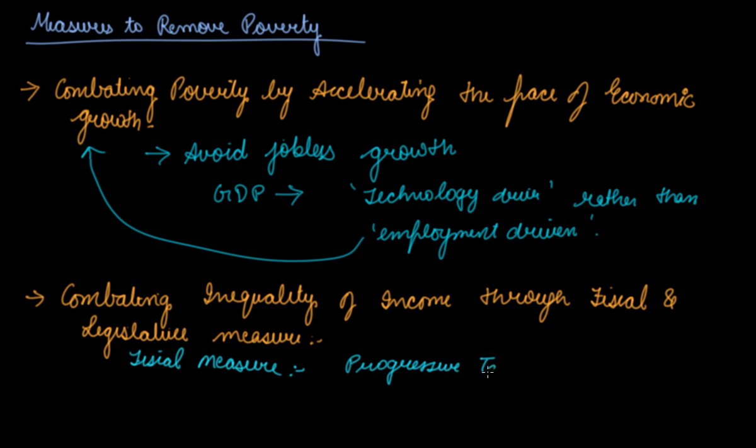tax, which means rich people should pay more tax, whereas poor people should be exempted from the tax paying. So, tax is the measure through which the government is trying to equalize the income. Rich, higher tax, whereas poor people, tax exempted.